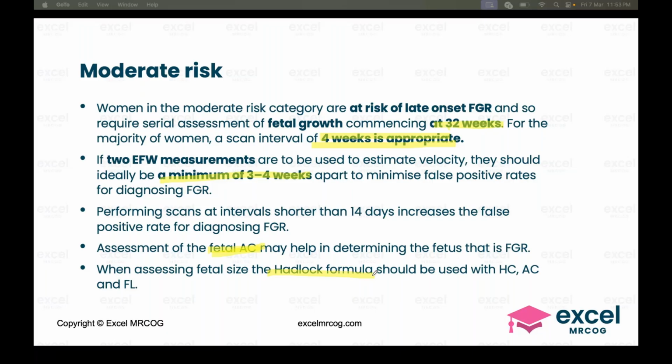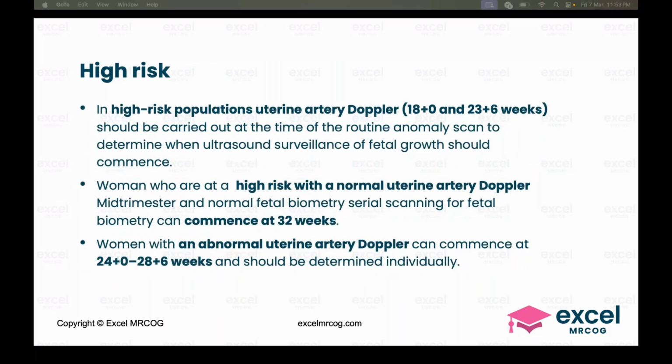High risk. What do we do in the high risk category? In the high risk category, we first do the uterine artery Doppler at 18 to 23 weeks at the time of the anomaly scan. What I had said earlier was different.